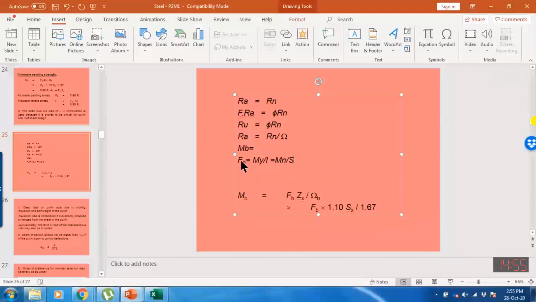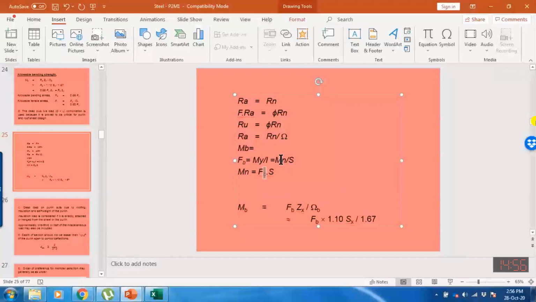So if I know the material strength in bending and the section modulus, I can compute Mn. Mn will be equal to Fb multiplied by the section modulus. So this will be our equation.